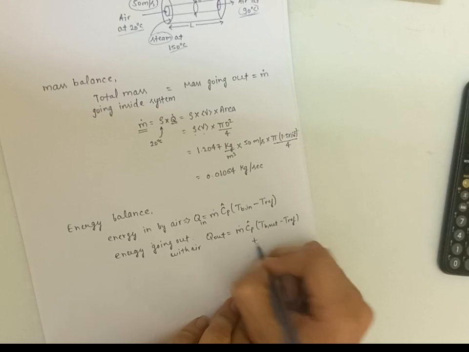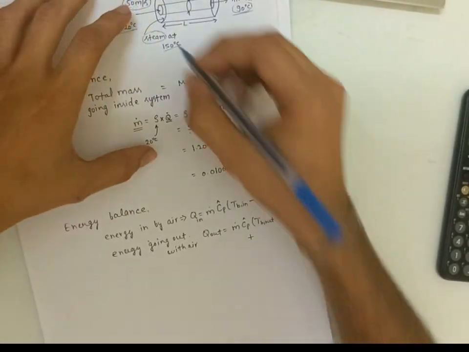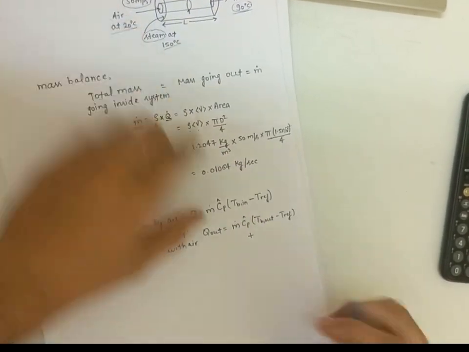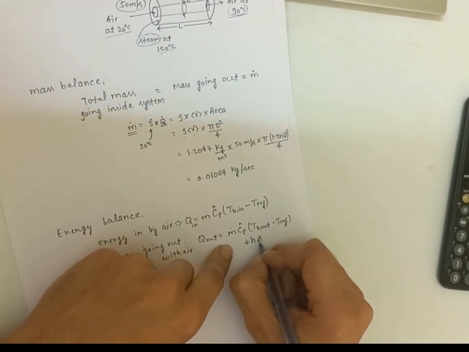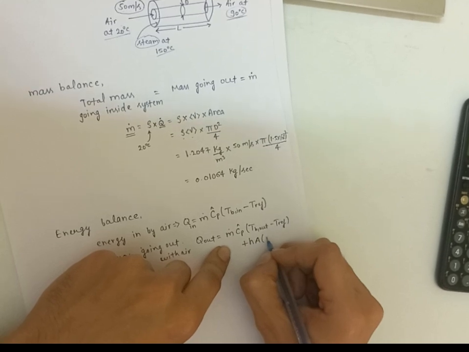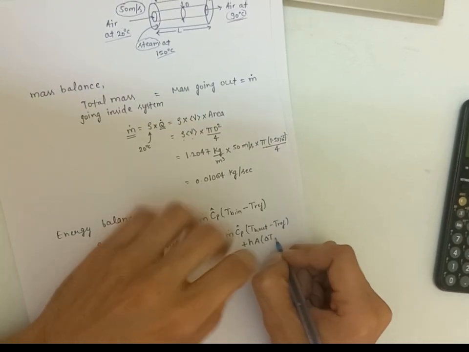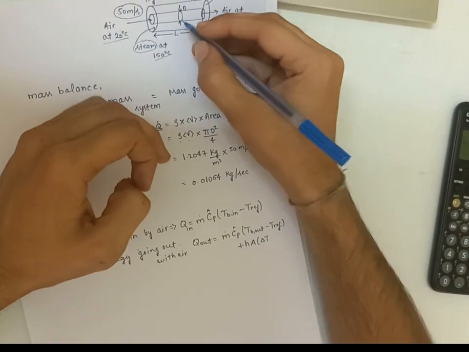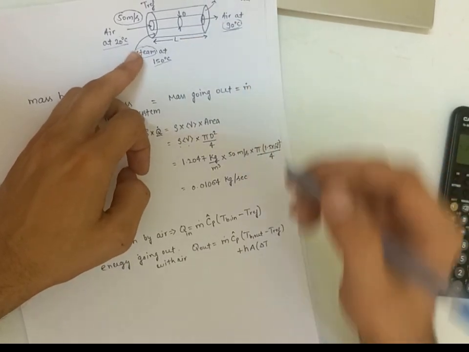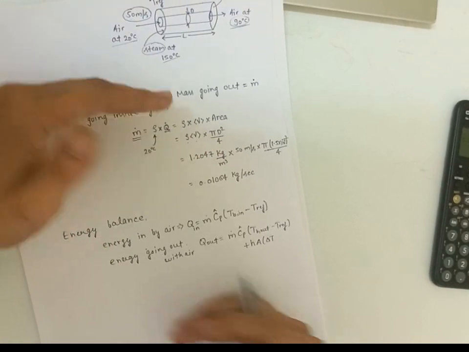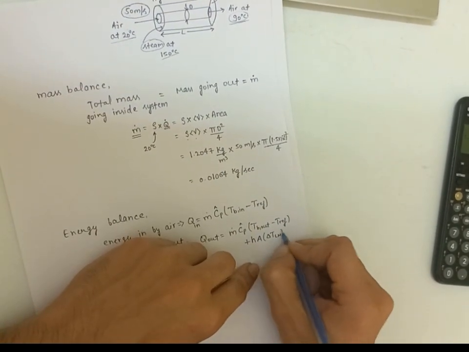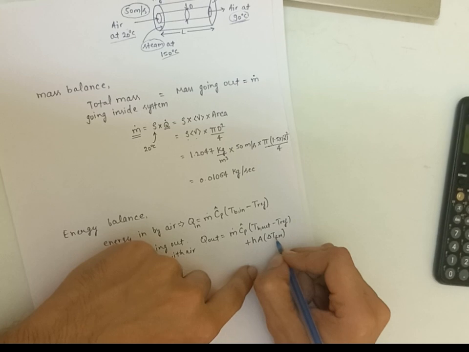And now the convective heat transfer by the steam to the air will be h into the contact area, and again the delta T, that is the change in temperature between the steam and the air. So we will have a convective heat transfer between the steam and the air, based on the logarithmic mean of the temperature.